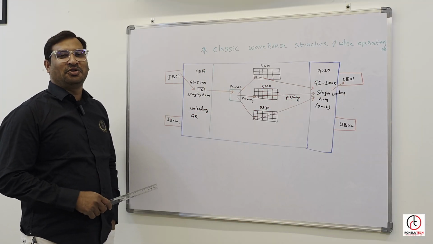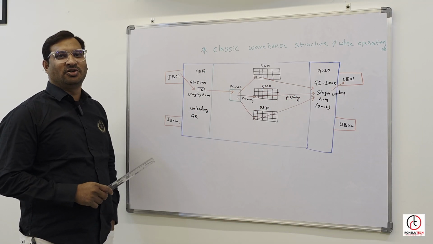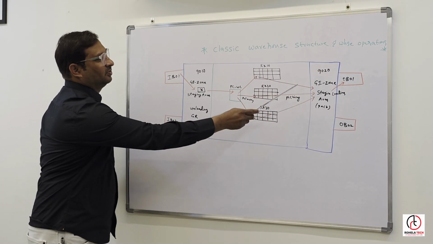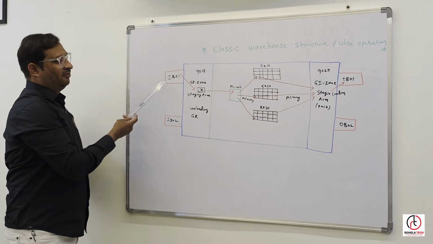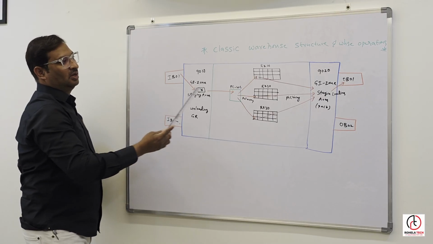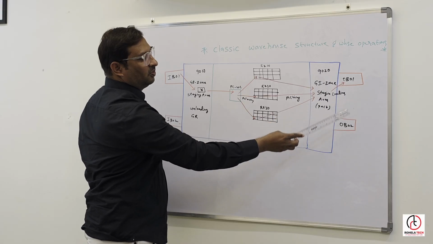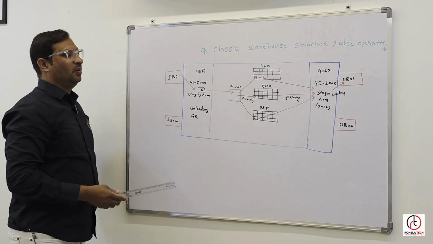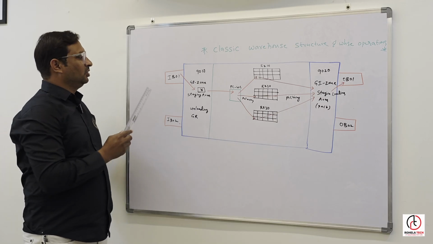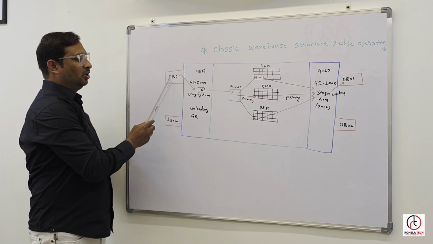In today's session we are going to learn about classic warehouse structure and warehouse operations. So assume this is a warehouse. To this warehouse we have inbound doors like IB01, IB02 and outbound doors OB01, OB02. Whenever we receive material from the vendor, that vehicle will dock to this IB01 door.